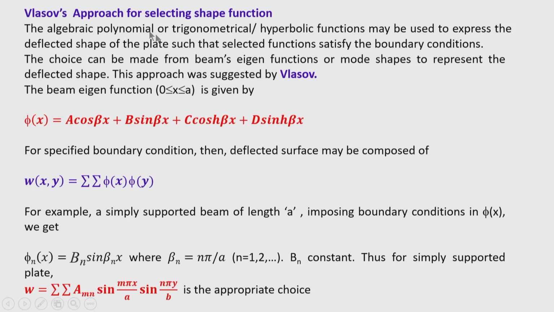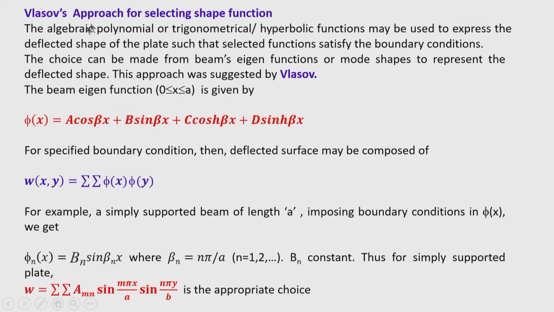Therefore, this approach is sometimes known as Vlasov's method. It is argued that the eigenfunctions satisfy exactly the boundary conditions of the beam. If taken properly, they can represent the exact solution of the plate problem.